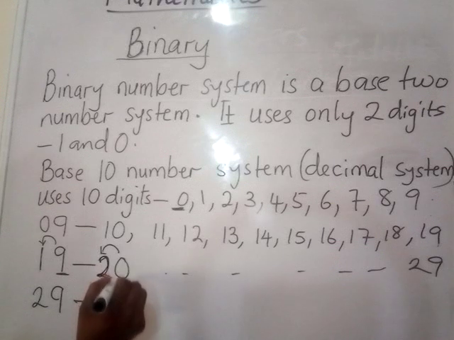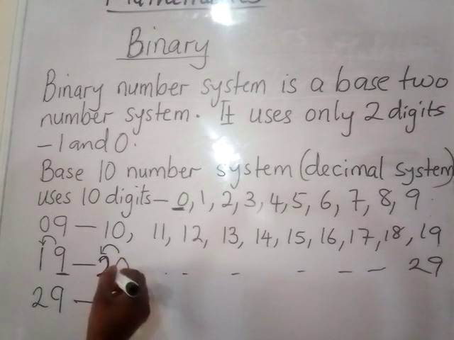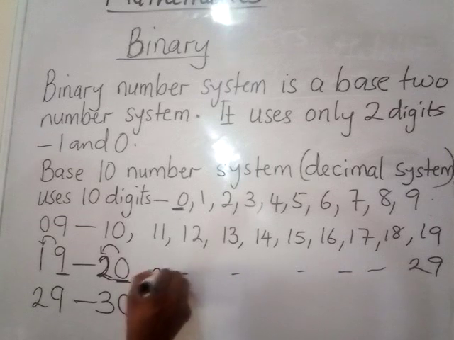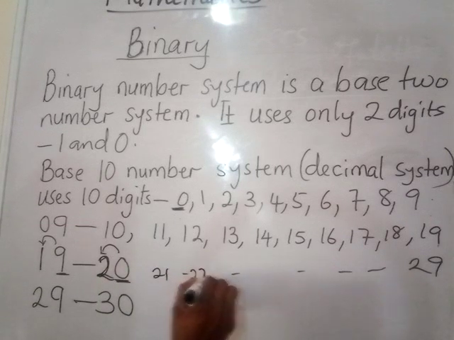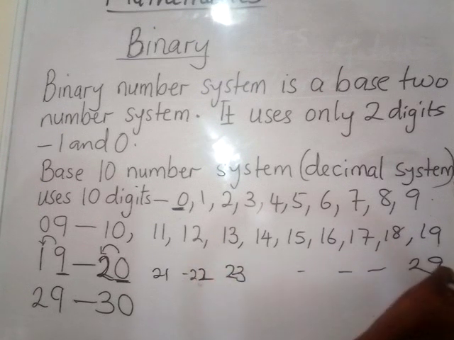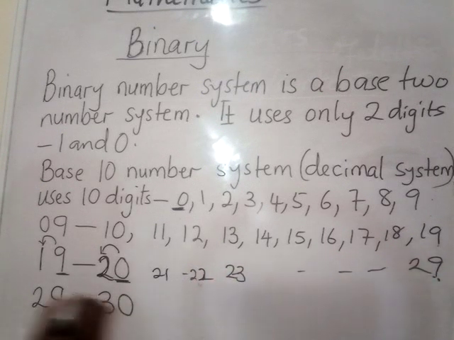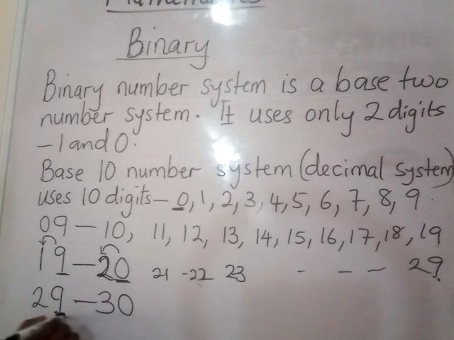If you add 1 here again, this place can take addition. So it becomes 2 and 1. If you add 2, it becomes 2 and 2, which is 22. If you add 3, it becomes 23. Just like that, until you get to 29. 29 again, we have reached the highest number that this column can take. Okay, we have reached the highest value, and so there has to be a reset again.